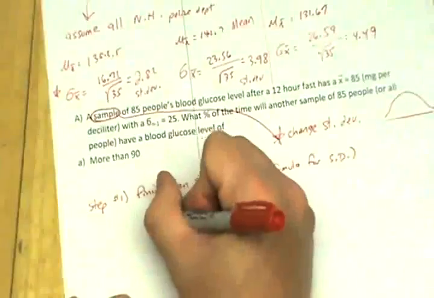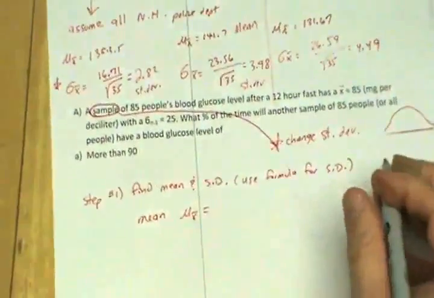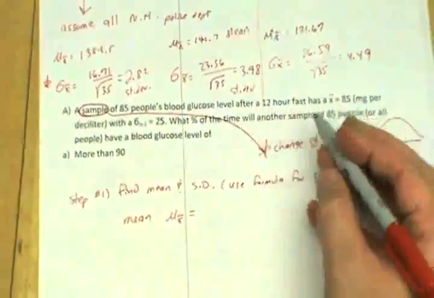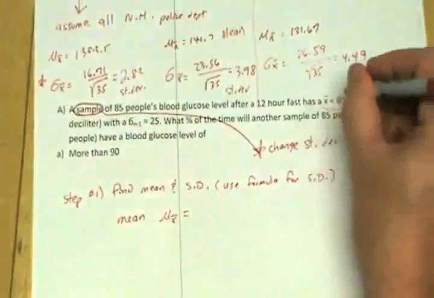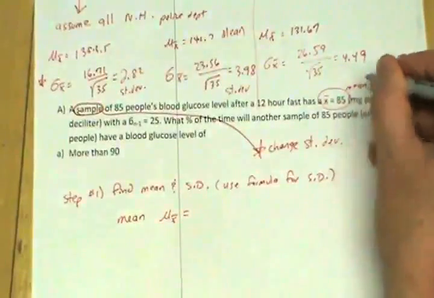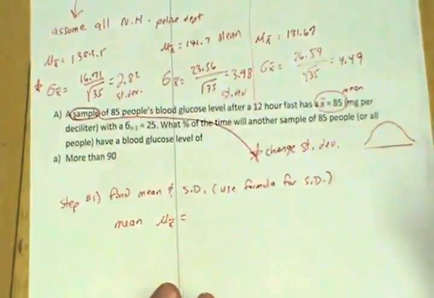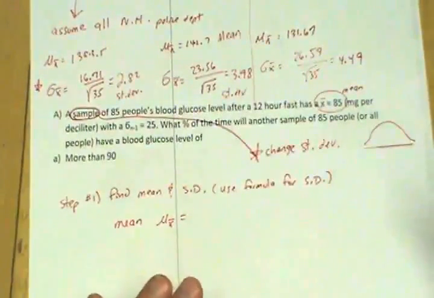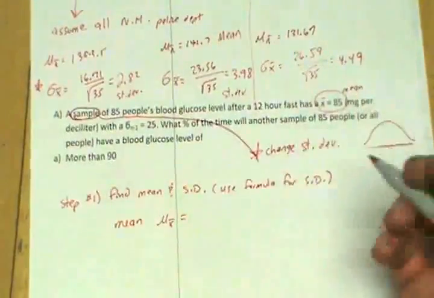So the mean is mu sub x bar. This is the mean that they told you in the problem, because it can't be different. If they sampled 85 people and they got back a mean of 85 for their glucose level, then that has to be the mean of everybody, because if you change that number, then you have nothing to go by.